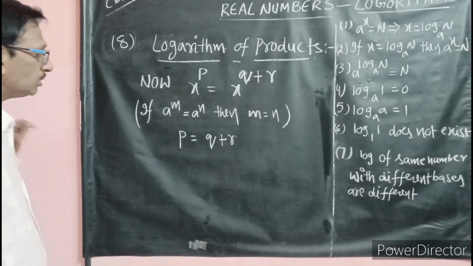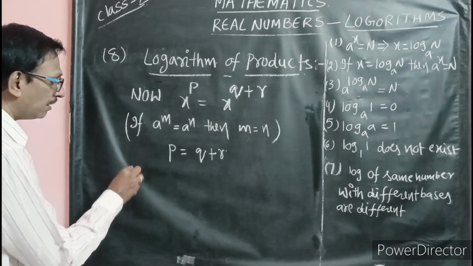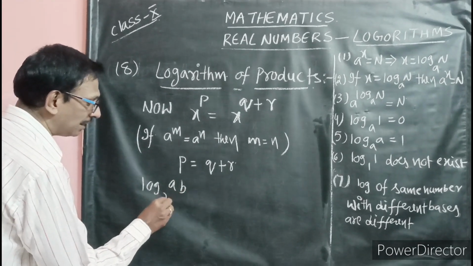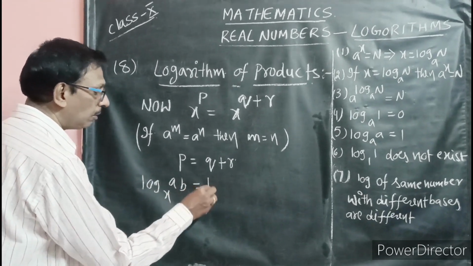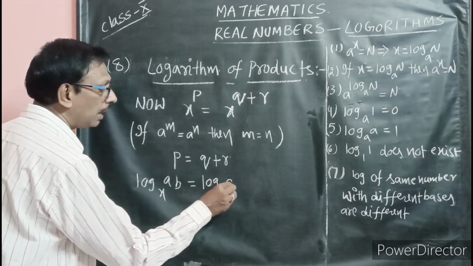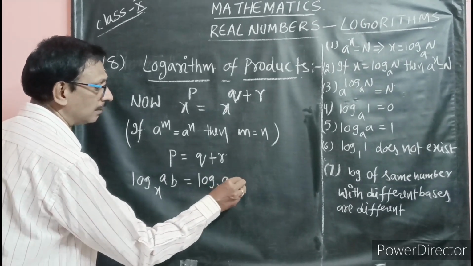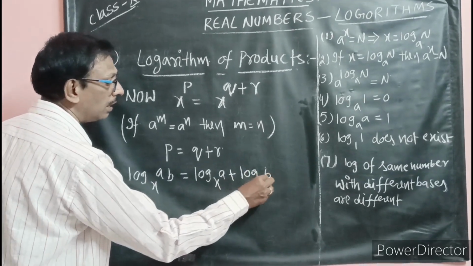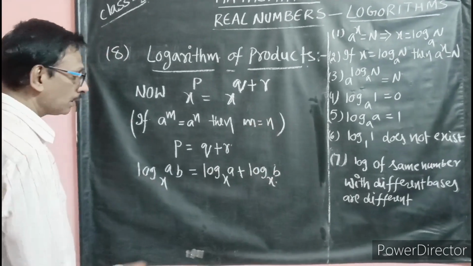By our assumption, p value is log ab to the base x. Q value is log a to the base x. R value is log b to the base x. Hence proved.